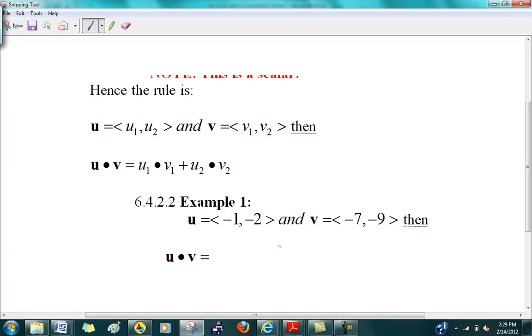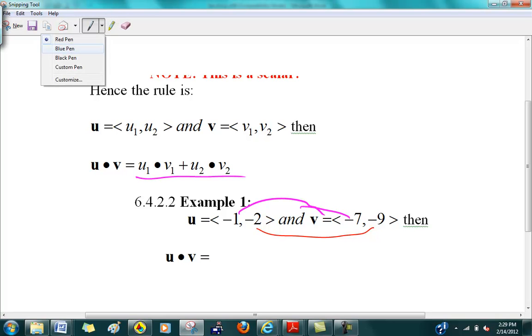In this case, following this rule, you're going to multiply this and that, and you're going to multiply this and this. For the first one, you're going to get a 7 plus, and the second one, you're going to get an 18. So your answer is 25. Again, a mere number, a scalar.